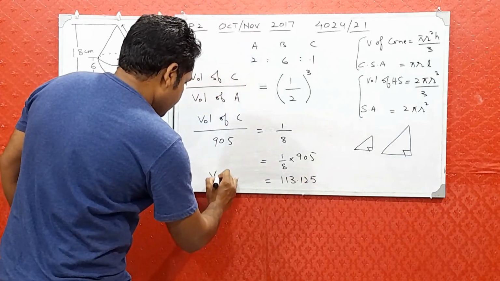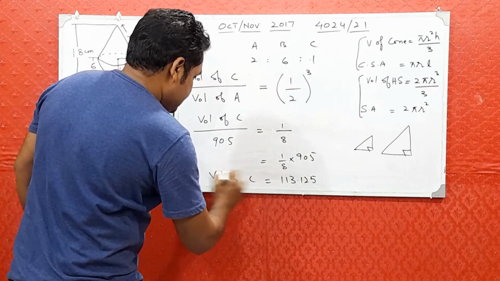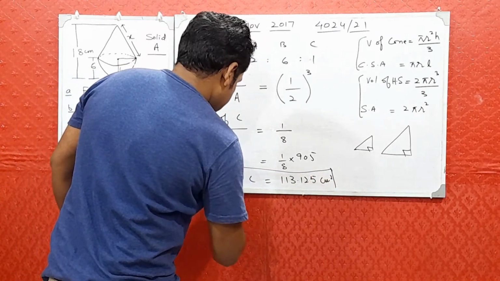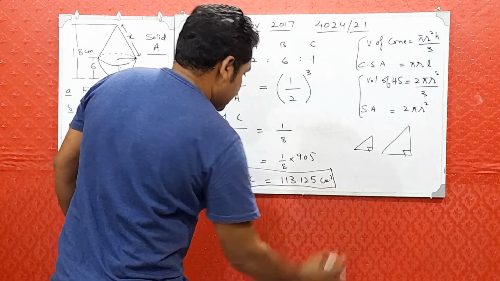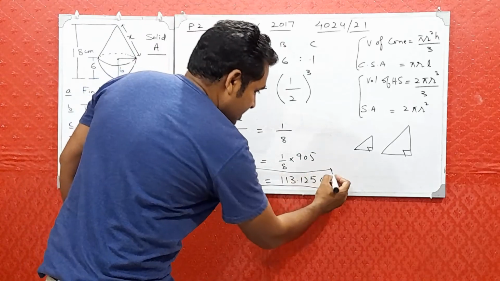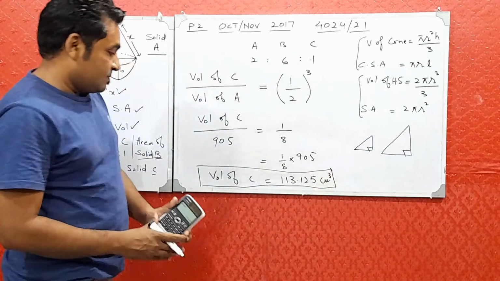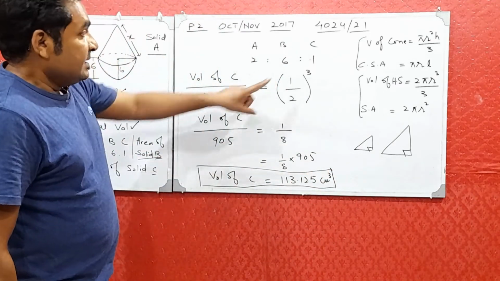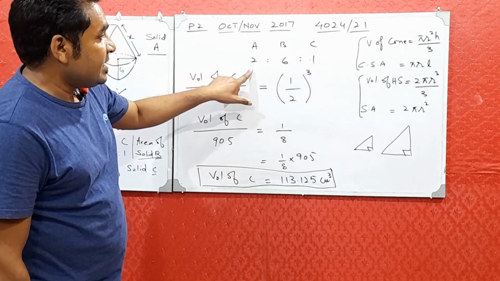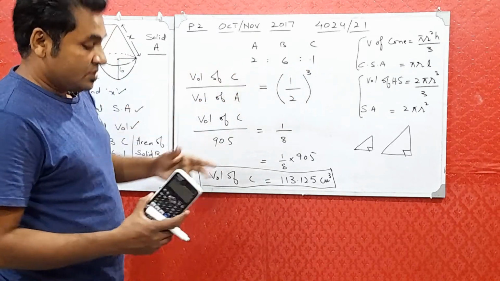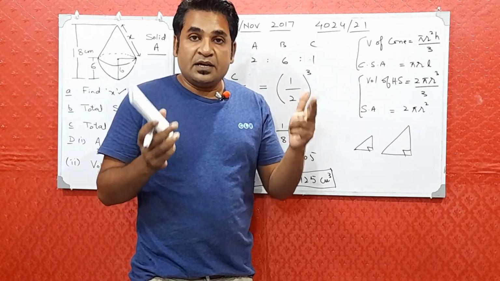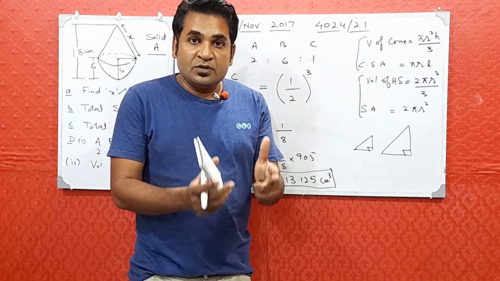So the volume of C is 113.125 cubic centimeters. Now you can also compare height-wise: solid C was smaller than solid A. So, as I told you in the beginning of this lesson, the larger shape has the larger volume and the smaller shape has the smaller volume.